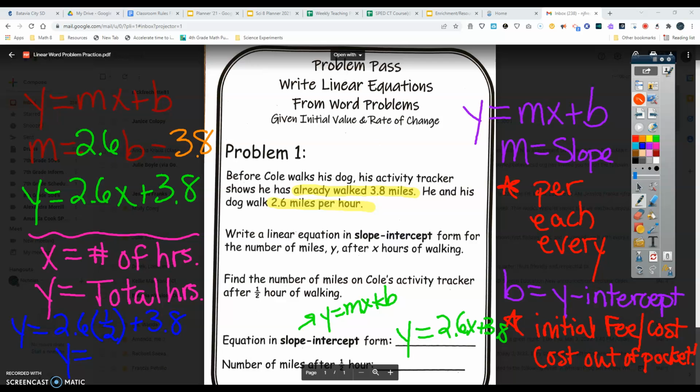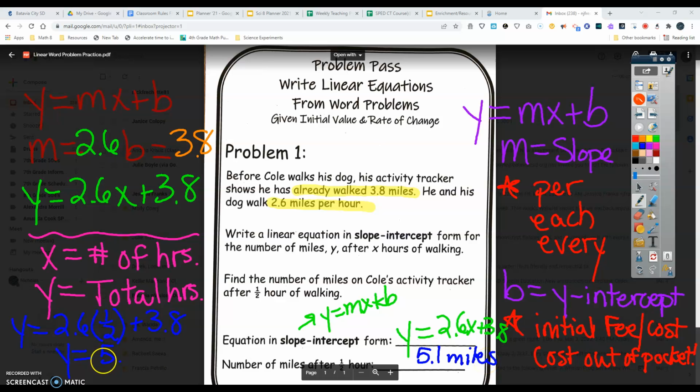So we have 2.6 times a half plus 3.8. And you should get 5.1 miles. So that should be our final answer. 5.1 miles is how long Cole walked his dog altogether.